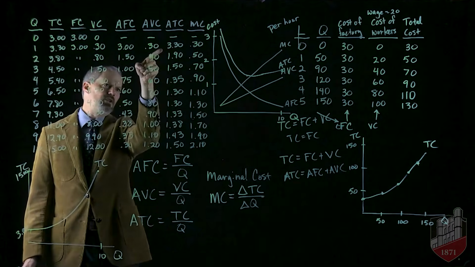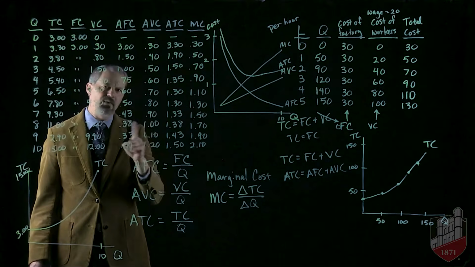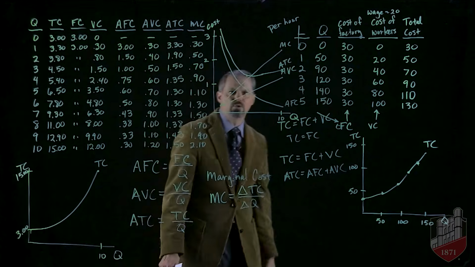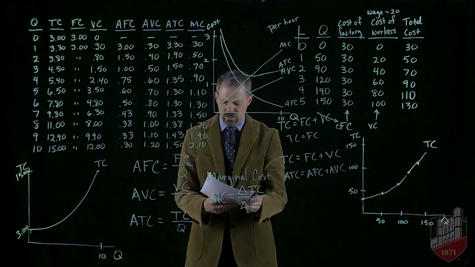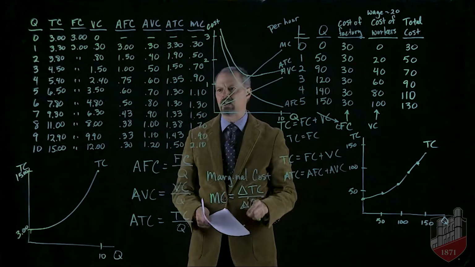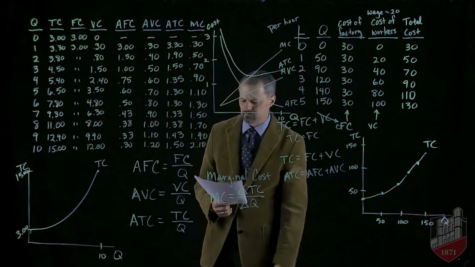Average total cost goes down, reaches a minimum, and then starts to go back up. That's an important characteristic. In fact, those are the two most important characteristics about this picture. So what I want to do is erase this, clear this off, and then we'll come back and I'll draw a picture of some typical cost curves.